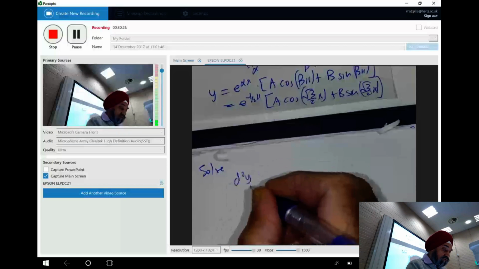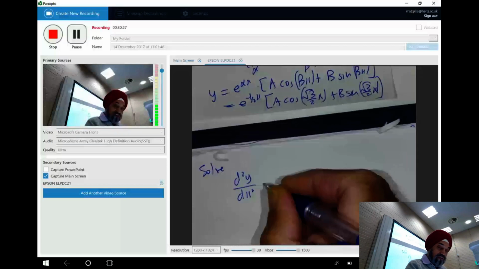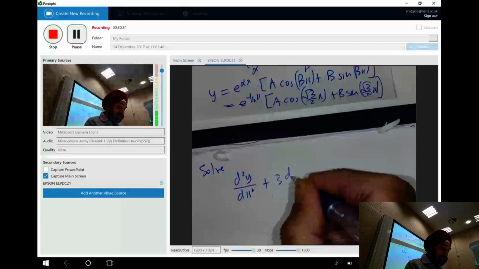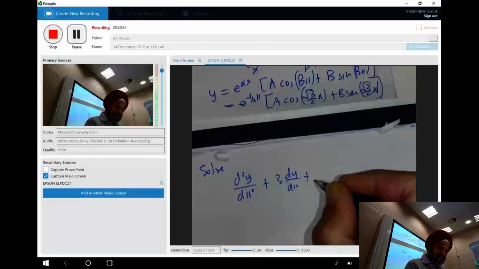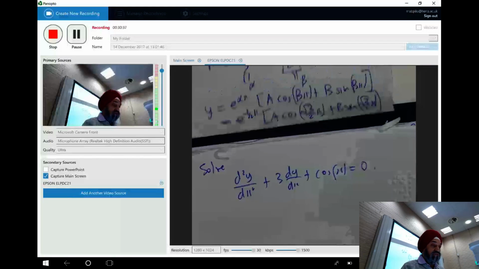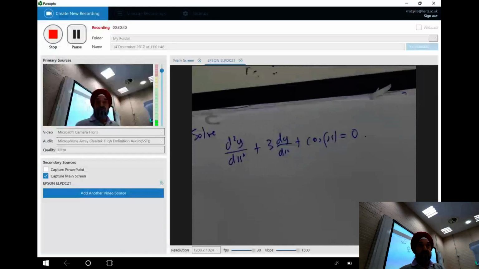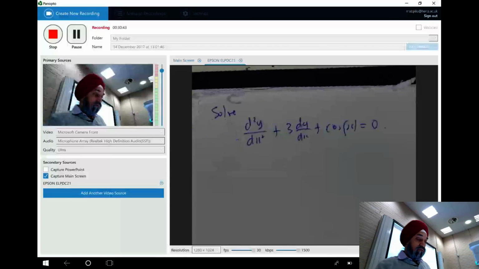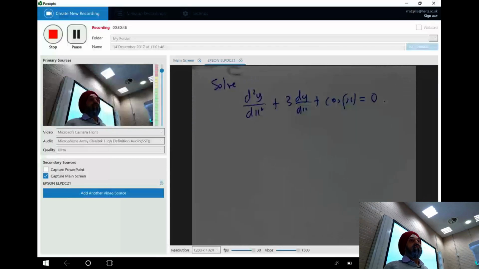Solve d2y dx squared plus 3 dy dx plus cos x is equal to 0. Solve that one. How do we solve this then?